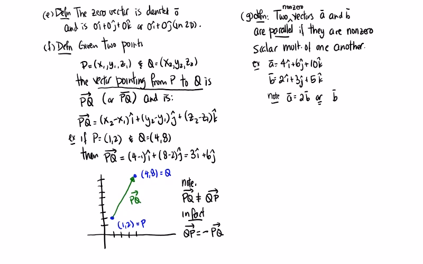B is 1/2 A. They're scalar multiples, they're parallel. But for example, something like A is 1i plus 3j plus 10k, and B is, say, 5i plus 15j plus, say, 9k, doesn't work.